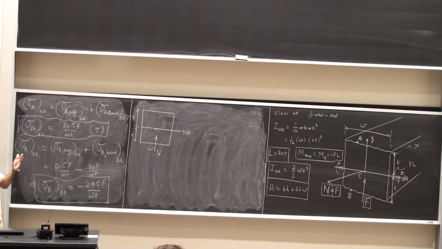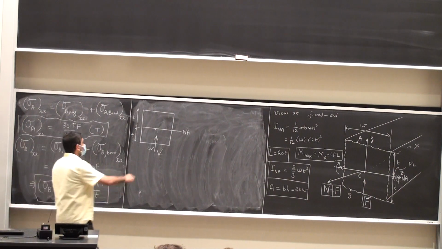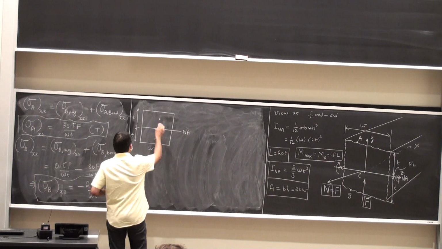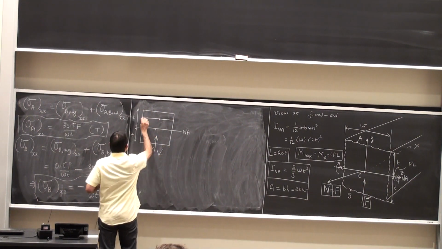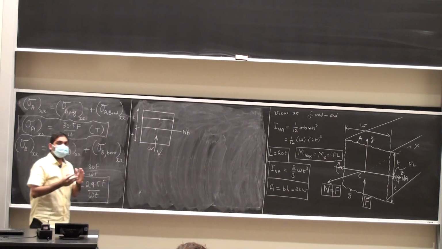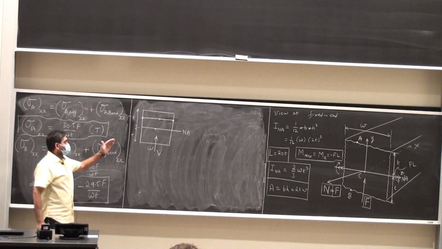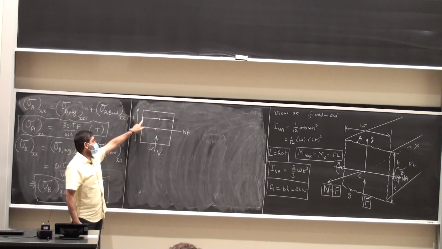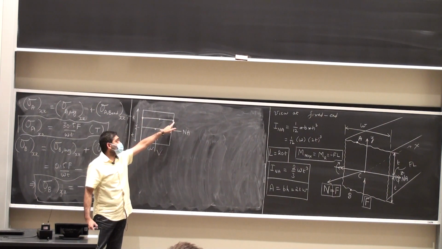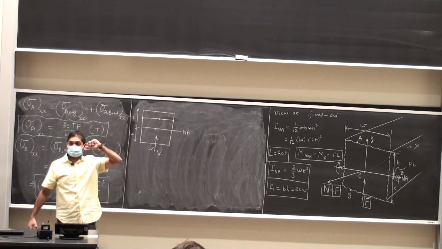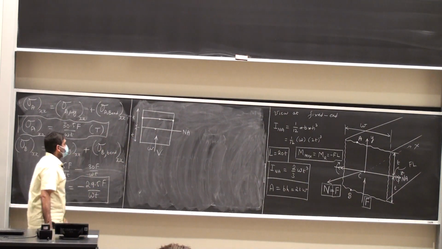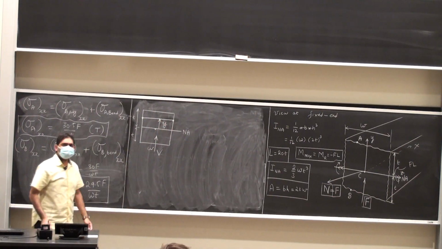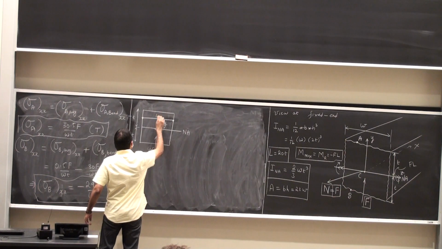If I am interested in finding the shear stress at some point on the cross section, which is located at the distance y from the neutral axis, the first thing I do is I draw a line parallel to the neutral axis. Okay, this line starts from one end of the cross section, goes all the way to the other end, and intersects the point on this cross section. And I label this distance as y. So this is some point, let's call this point D.